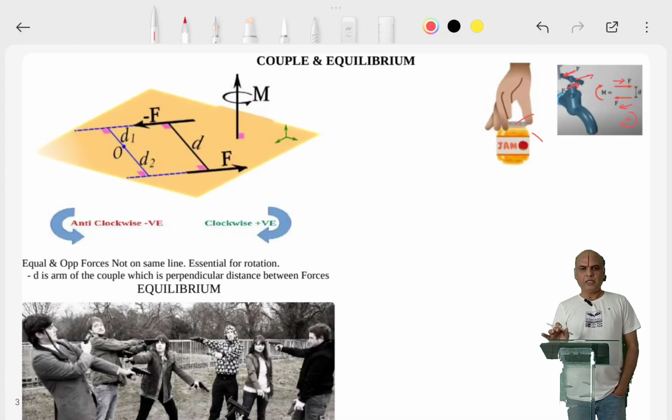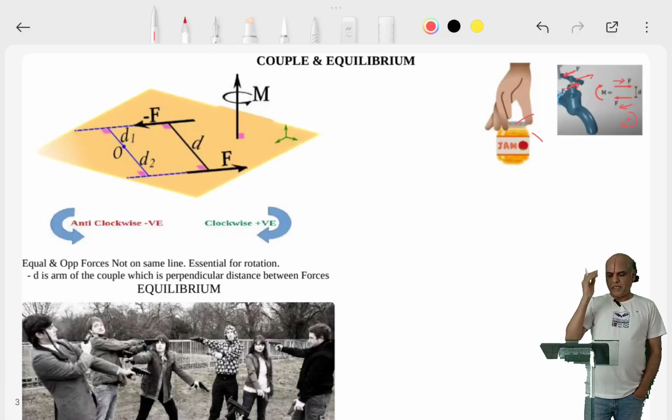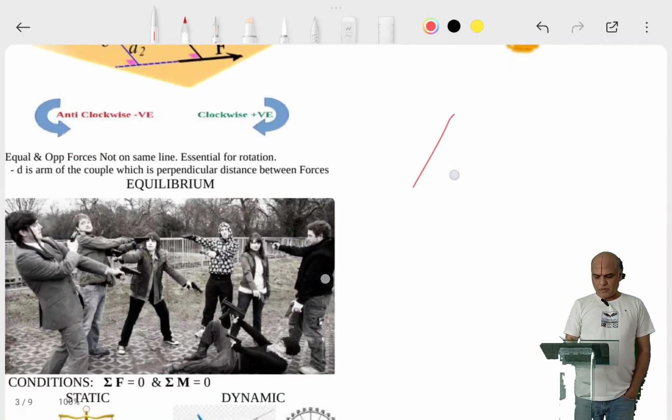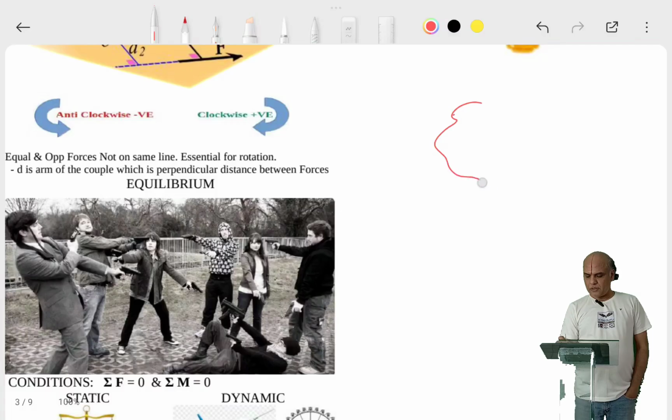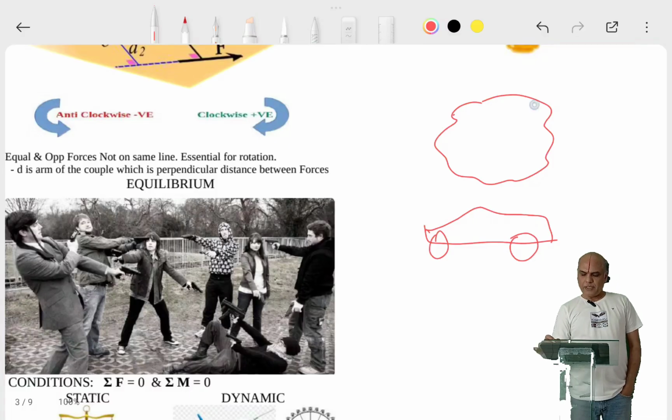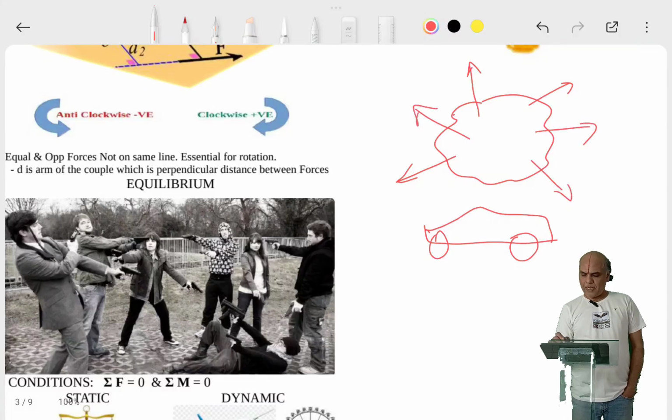Now let us discuss the concept of equilibrium. Consider some body at rest and consider some other body in motion. If a set of forces is acting on these bodies, I am taking a set of forces in random directions.